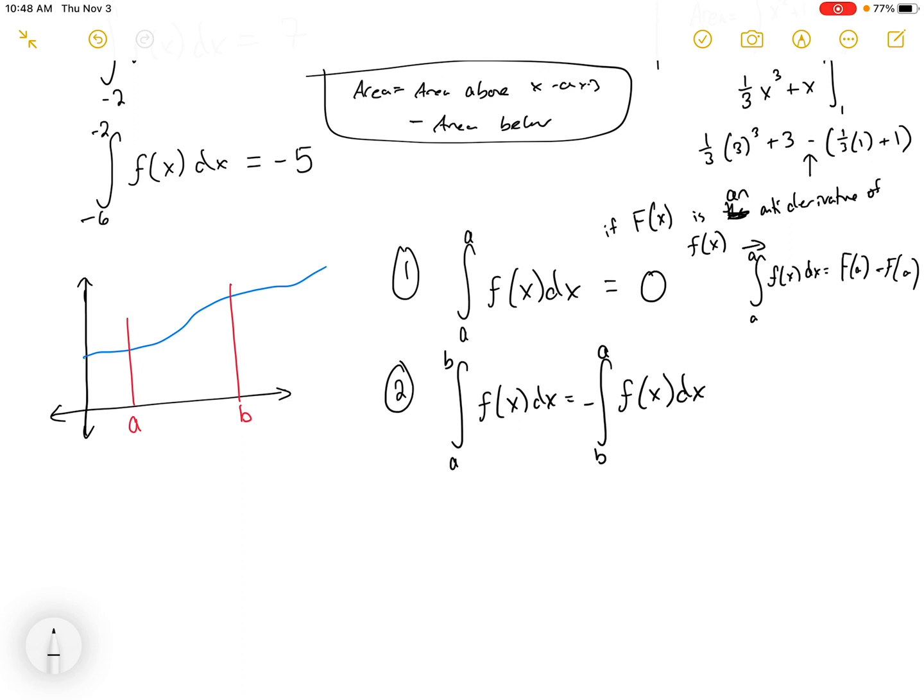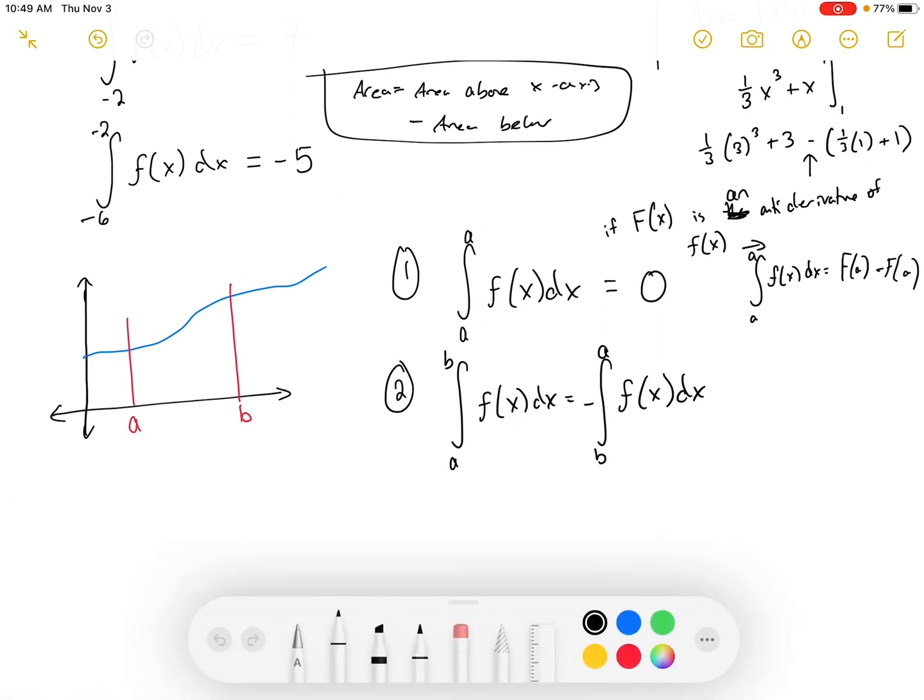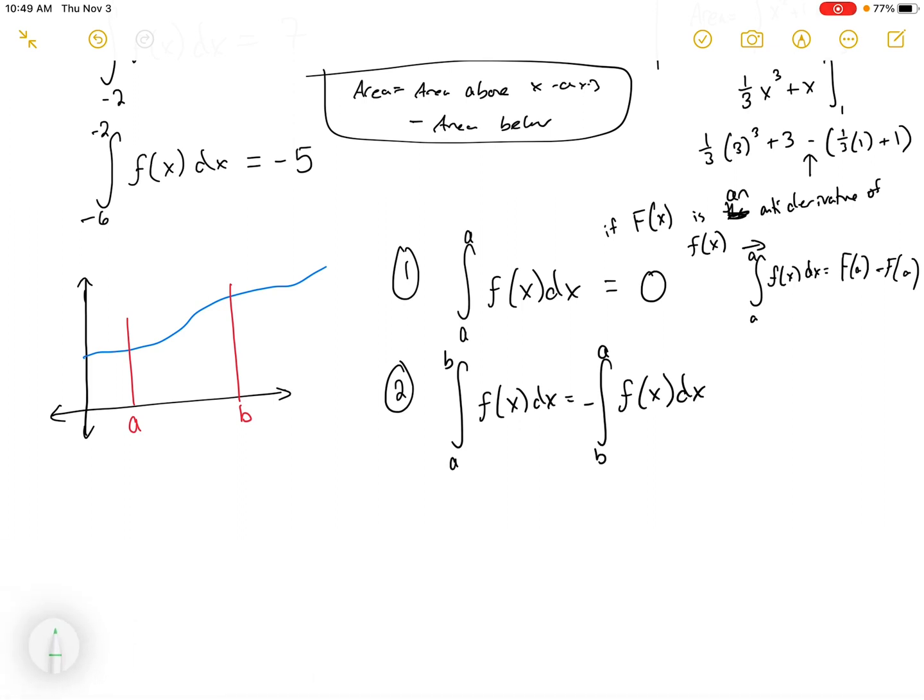Well, the reason why it's negative, remember when we had that class where we summed up all of these little rectangles? They all had some height, and they all had some delta x as their width. And remember we said if we have n rectangles, delta x was the difference b minus a over n.